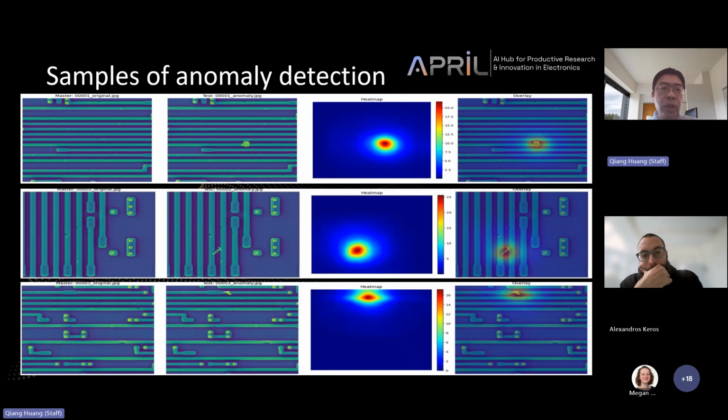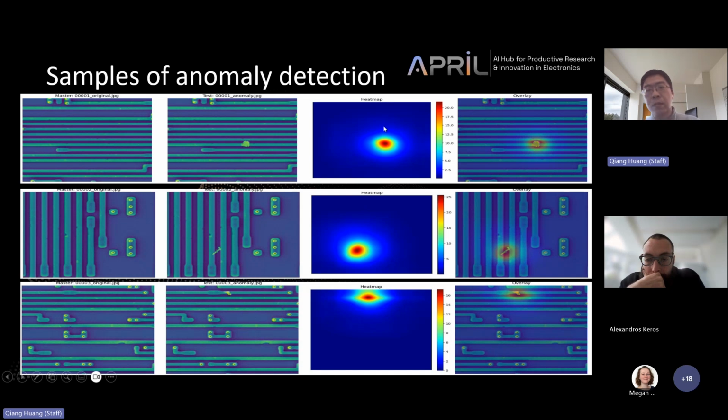This slide shows some examples after the anomaly detection. Certainly you can find it is quite good at finding where the anomaly issue is. For example, the first row shows, the leftmost column shows the clean original image, and the second column shows the images with potential issues like this, and this.